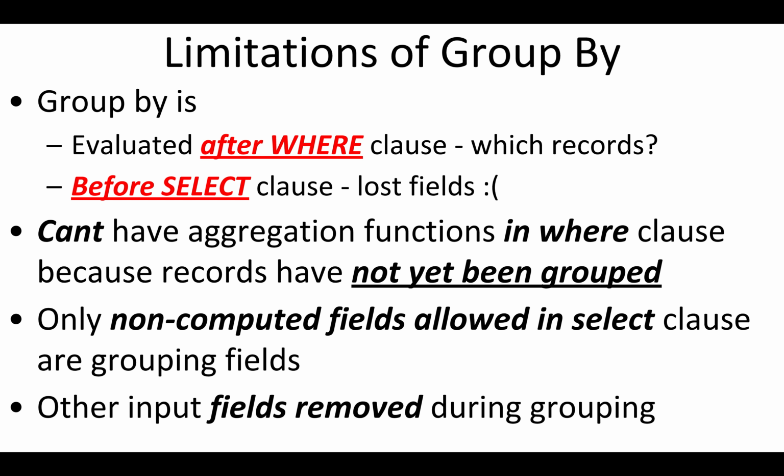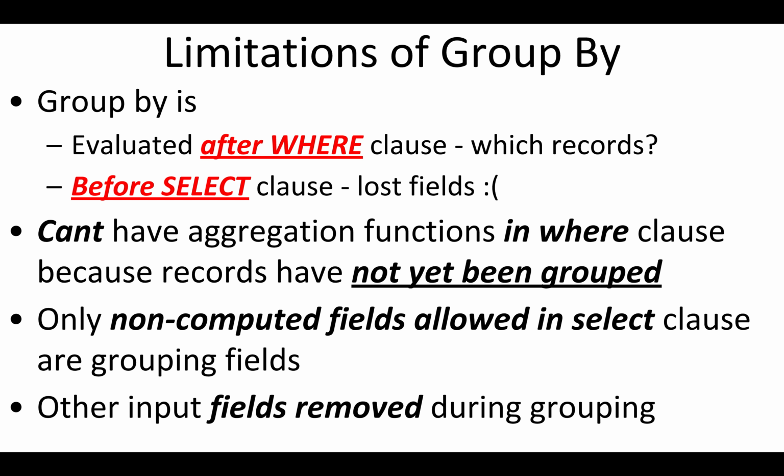What do you want to do with all of these records? Do you want to sum them up, or average them? So the aggregation has to happen after the where clause, but it has to happen before the select clause. Meaning you don't have access to the individual values, you only have access to the aggregates of those fields.